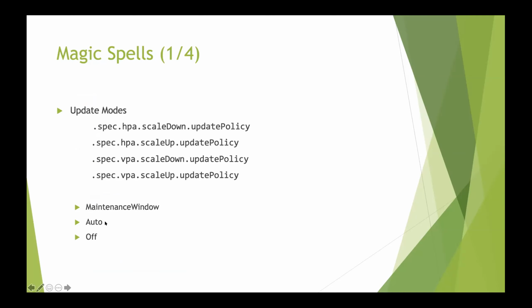Or the update policy can be auto, which means the scaling will happen as and when the recommendations come in, and certain other parameters like the stabilization window, which we'll get into later, are also satisfied. Or the update policy can be set to off, in which case we'll only get the recommendation, but that recommendation will never be applied.